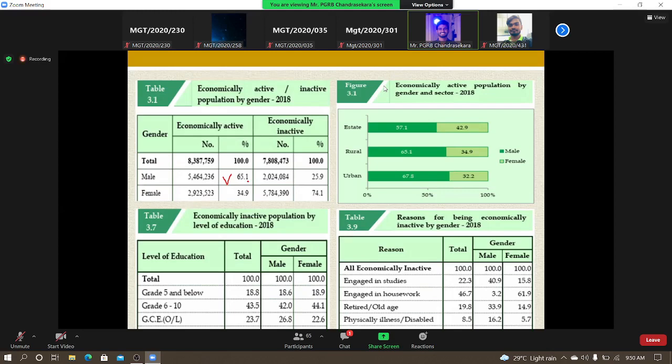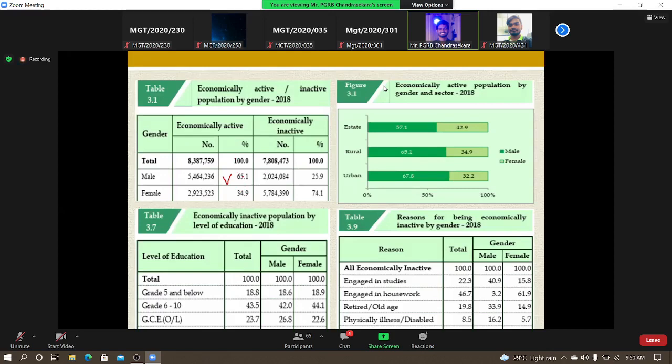Although the average level may be less, by basing on different categories of sectors in the economy, it may differ. It is clearly mentioned here: male 65.1, female 34.9, economically active.